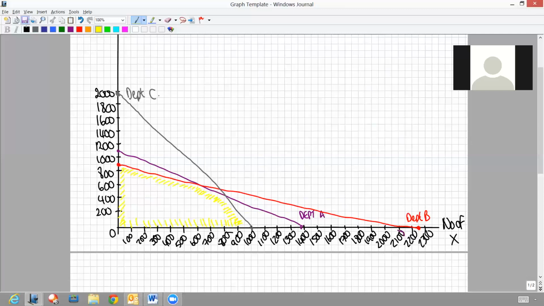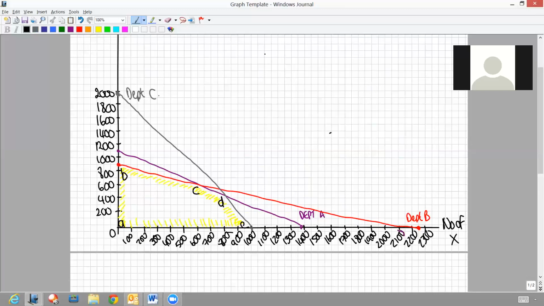Now what you need to do is just follow those round and label these points up. So all of the points of intersect are potential production levels. So obviously we could make 0 and 0, we could make 0 and 900, we could make whatever that is, and then finally 1000 and 0.